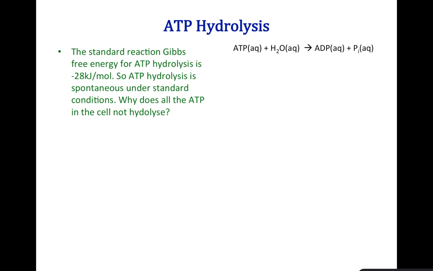So in a cell under standard conditions, all the ATP should hydrolyze, given the thermodynamic rules we have established. But this is not the case. So why is this? Even though the delta rG standard is less than 0, yet all the ATP in a cell does not hydrolyze under standard conditions.